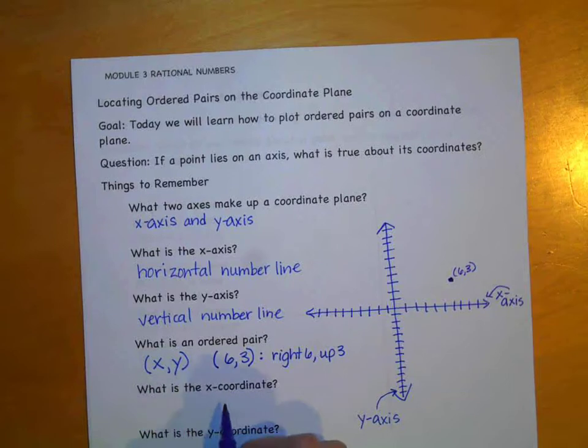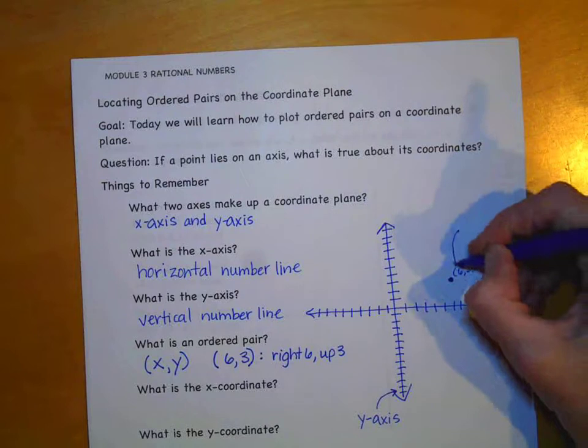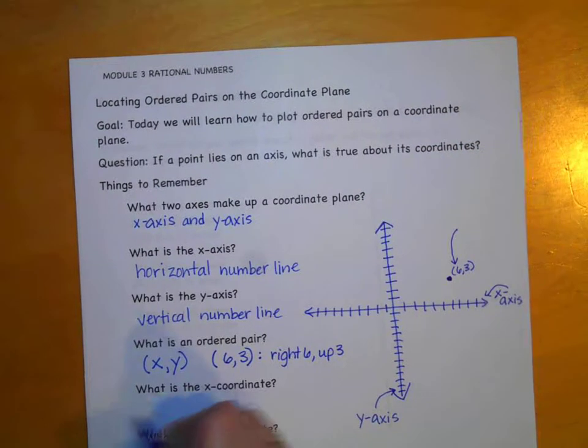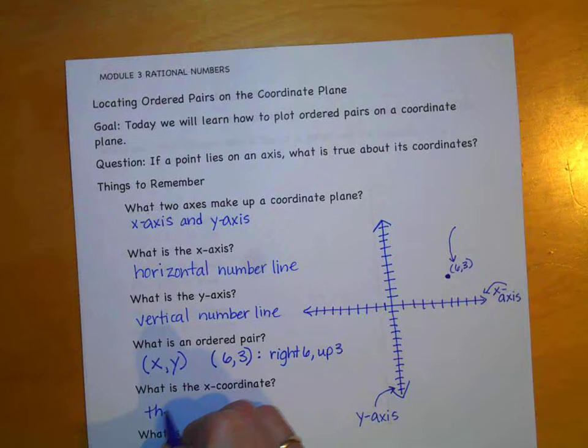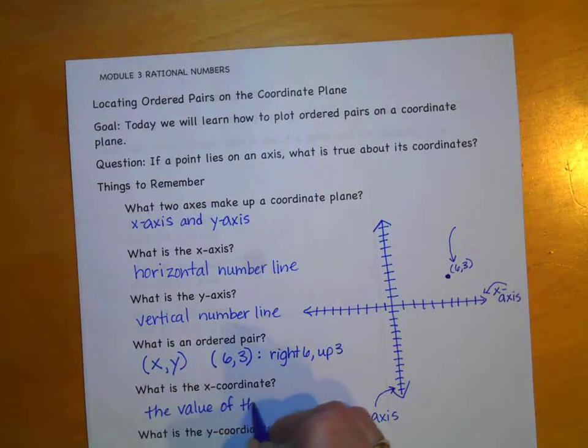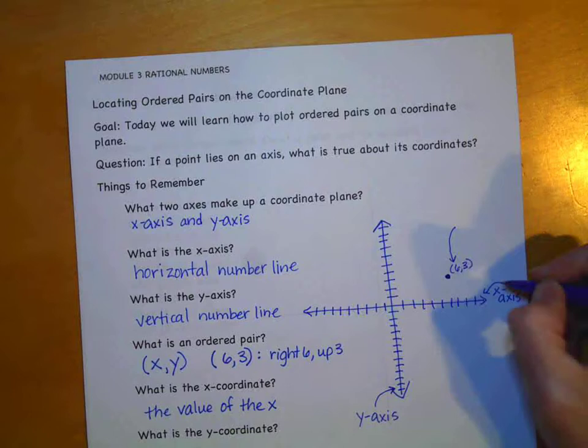Then the next thing that we're remembering is, what is the x-coordinate? Well, the x-coordinate is the value of the x. So the x-coordinate for this one would be 6. What is the y-coordinate then?